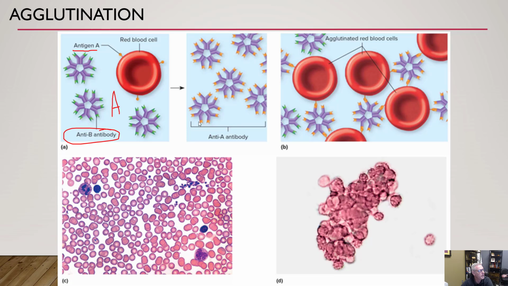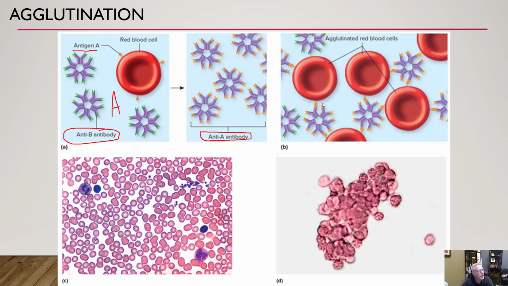And then we are exposed to type B blood. No, I'm sorry, we're exposed to type B blood, because we have the anti-A antibody.